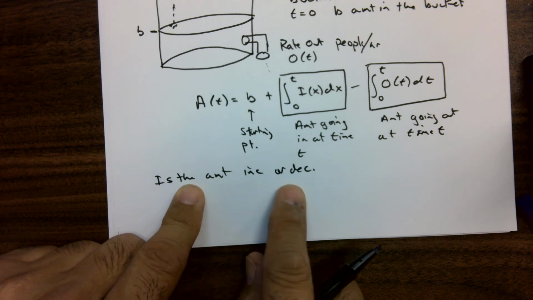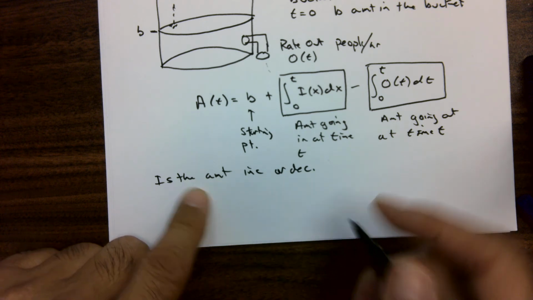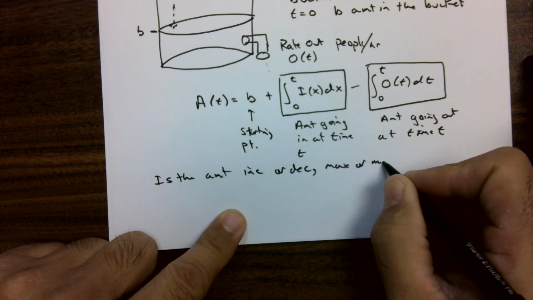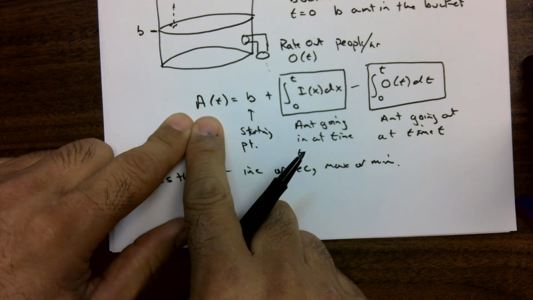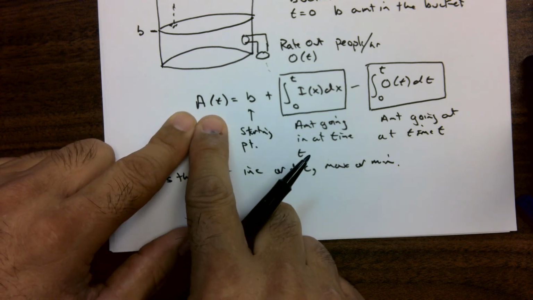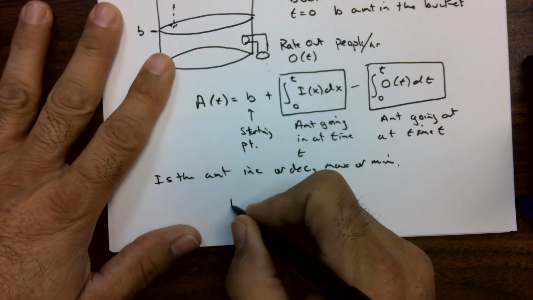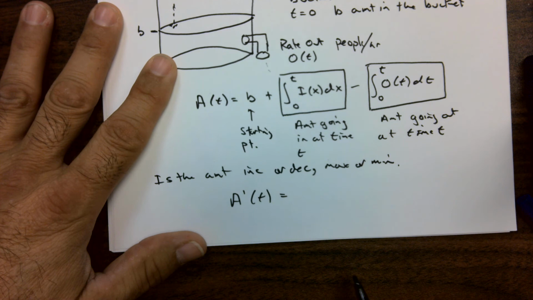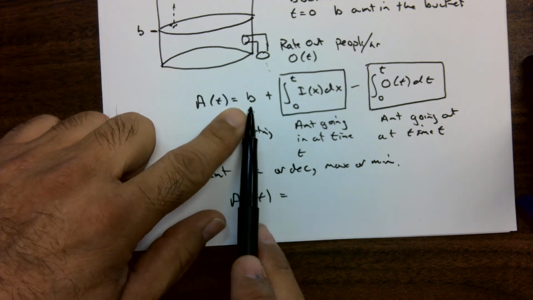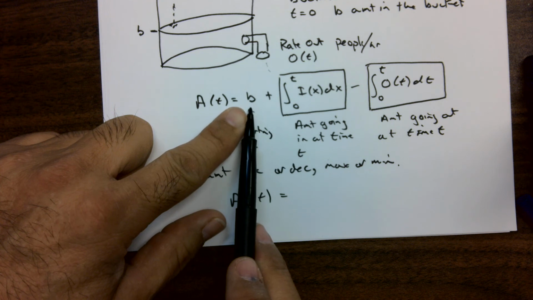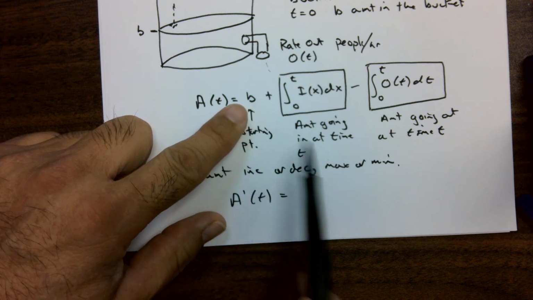Well, when we see the word increasing or decreasing, or they might say max or min, you're going to have to take the derivative of this and set it equal to 0. So if I were to take the derivative of this, I would get A prime of t is equal to, well, what's the derivative of this B value? That's a constant, so that's going to be 0.